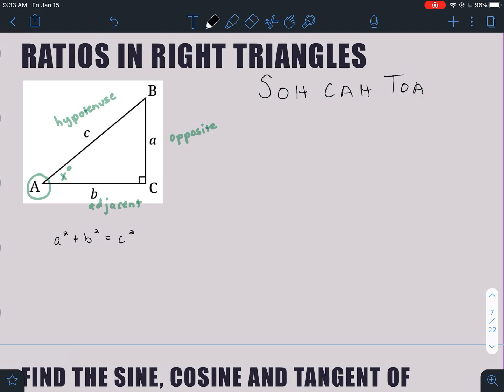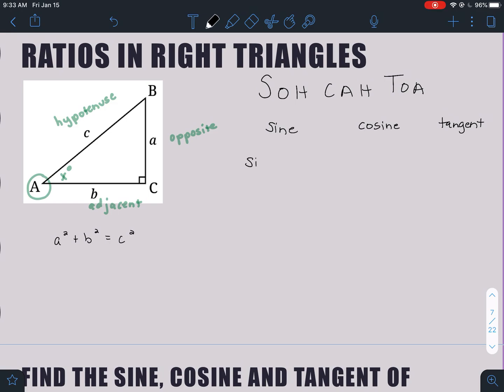So we have three trig ratios. We have sine, well, there's actually six, but the three that we're going to look at for Algebra 1 are sine, cosine, and tangent. Those are going to be the three trig ratios that we're going to focus on today. We abbreviate sine, S-I-N, but we still read it as sine.